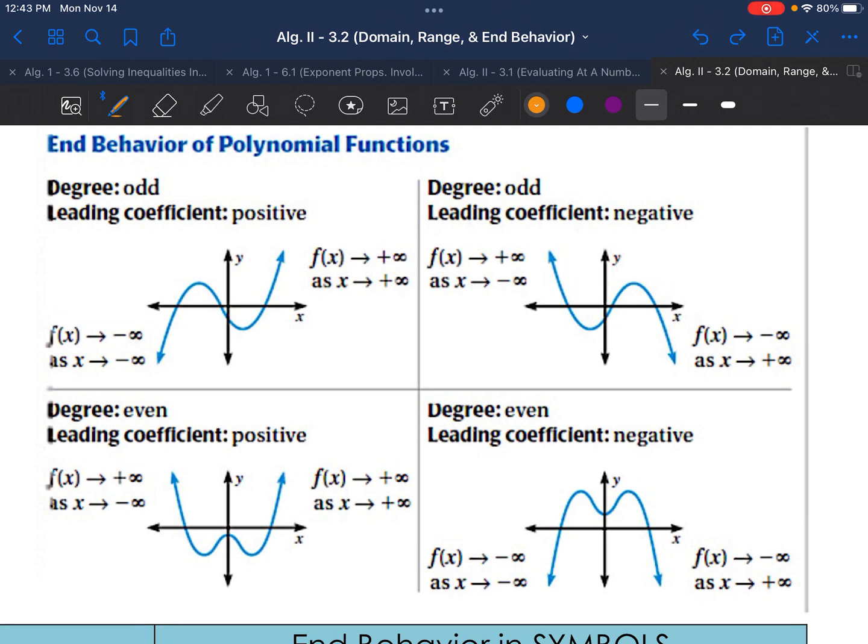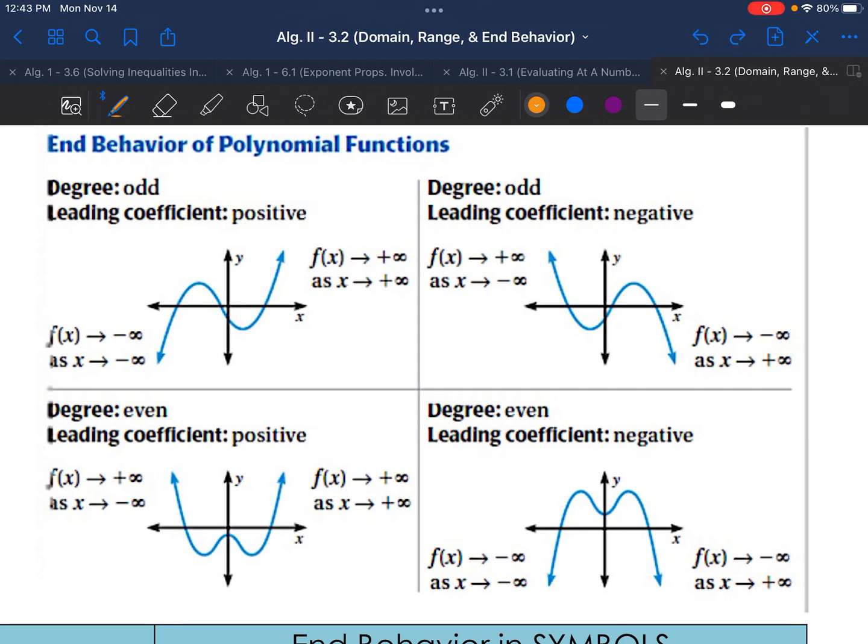So whenever you have an odd function, aka the leading coefficient has an exponent that's odd, or you can think of it as the highest exponent in the whole equation or function is odd, and the leading coefficient is positive, we'll always have this scenario where on the left side, as x goes to negative infinity, the y's or f of x will also go to negative infinity.